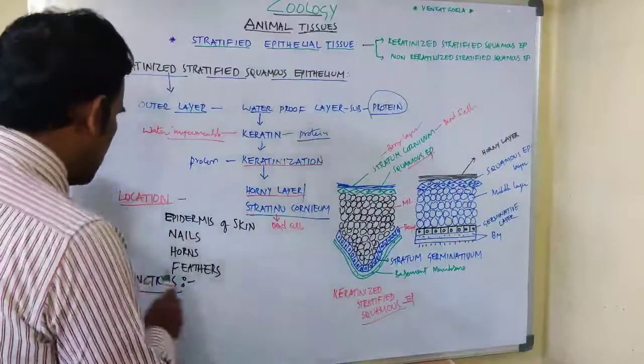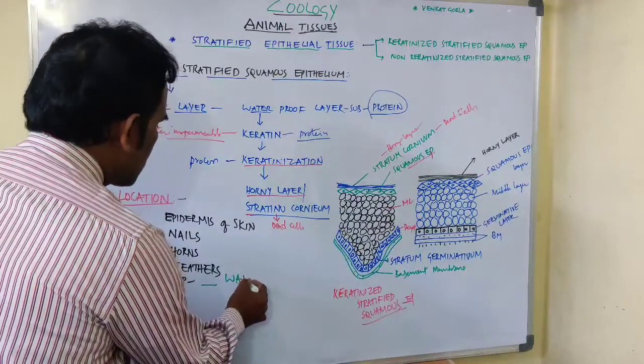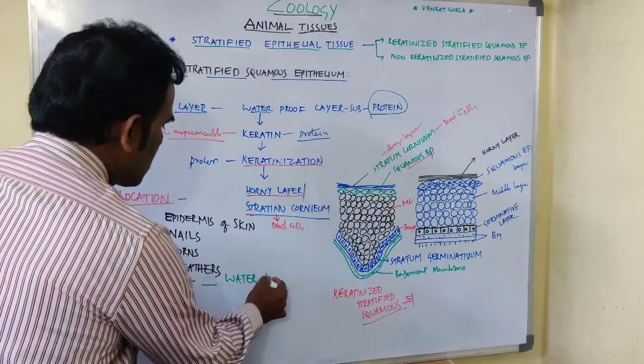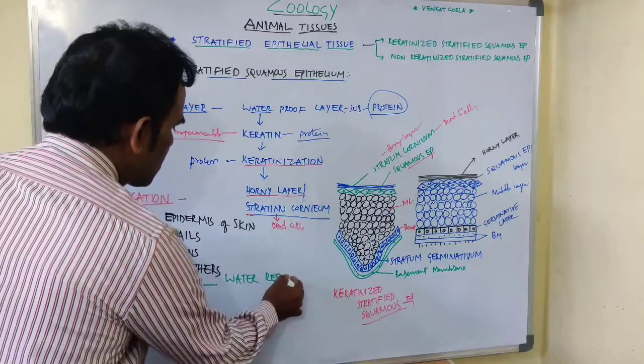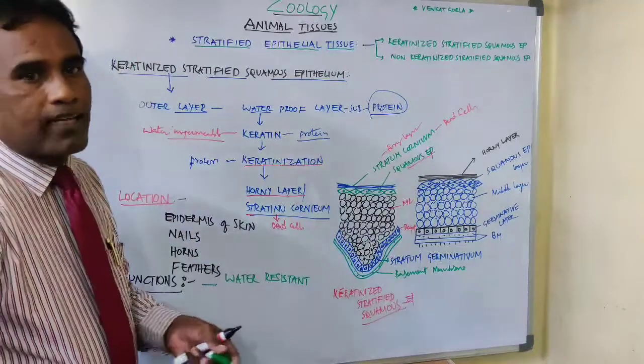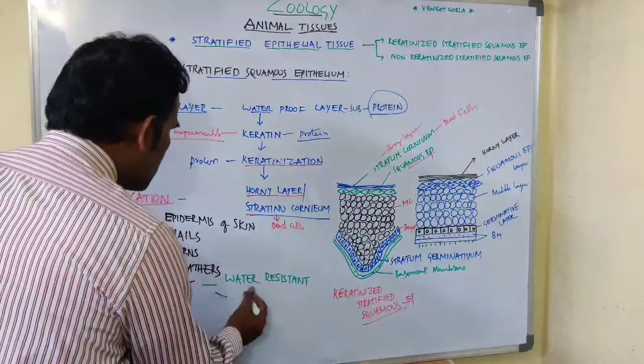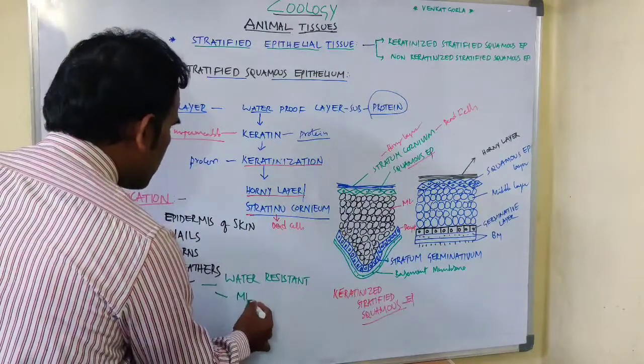So the functions of this keratinized stratified epithelium: it is resistant to water, so it acts as a waterproof. It is impermeable to water, and it also protects against mechanical abrasion.